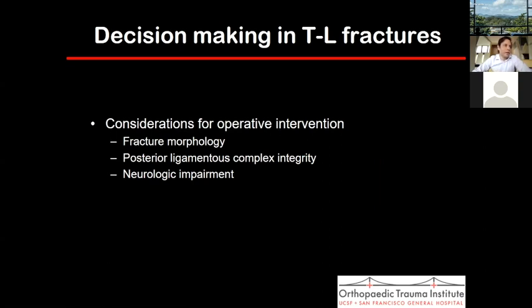The decision to operate, and what we do in the operation, takes 3 things into consideration. 1 is the fracture morphology, the actual bony injury. 2 is the soft tissues, namely the posterior ligamentous complex: the interspinous ligament posteriorly, the spinous processes, the facet capsules, and the PLL, and then the ligamentum flavum. And then 3 is their neurologic impairment.